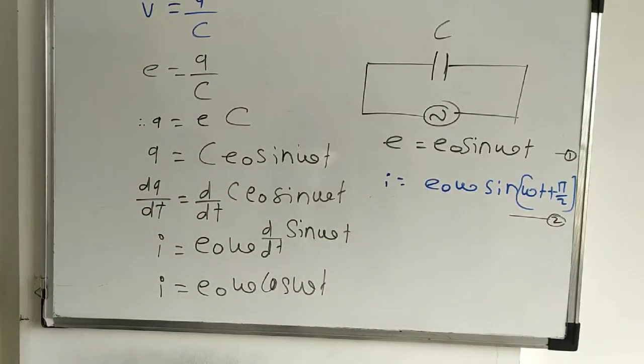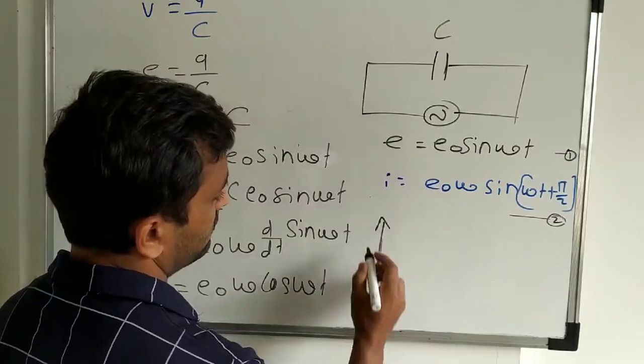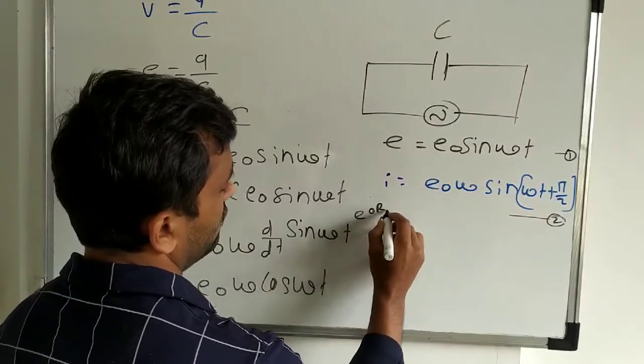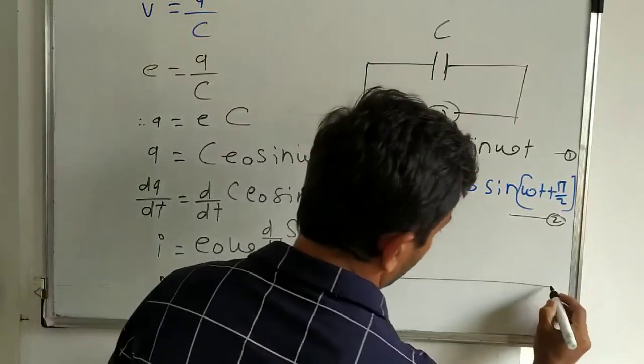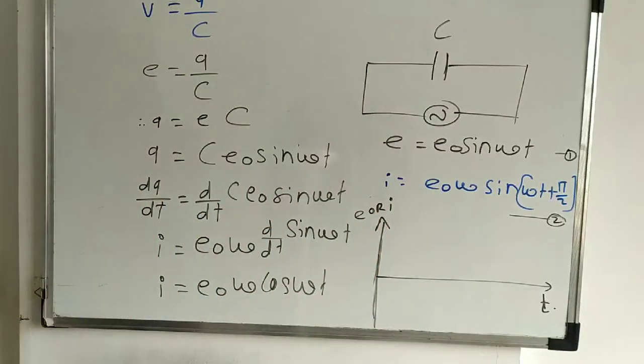If you plot the graph of EMF and current with respect to time, then how can we plot the graph?